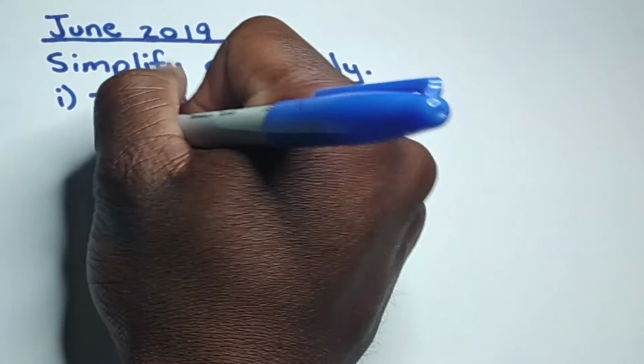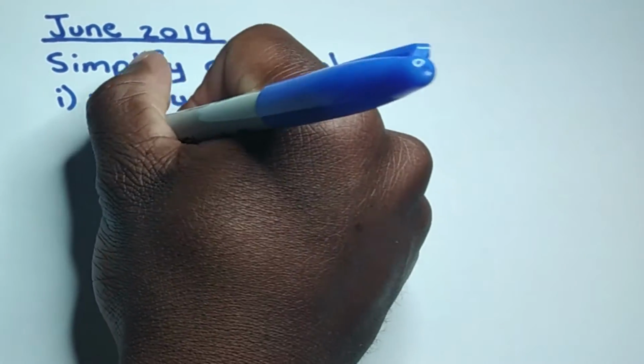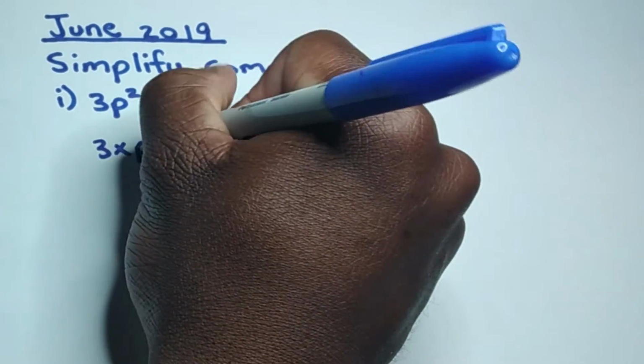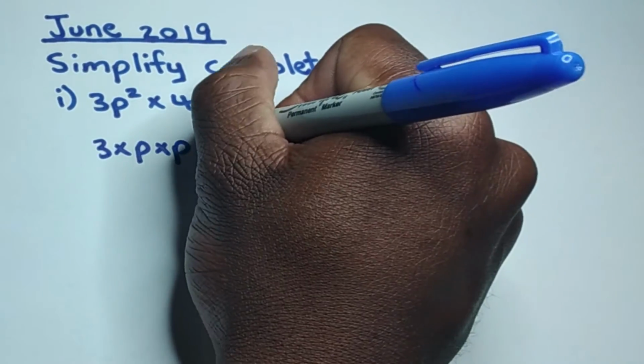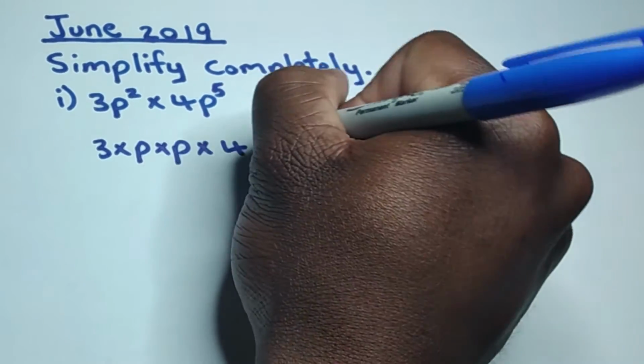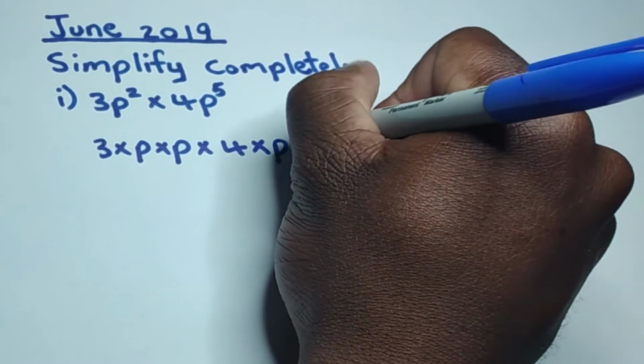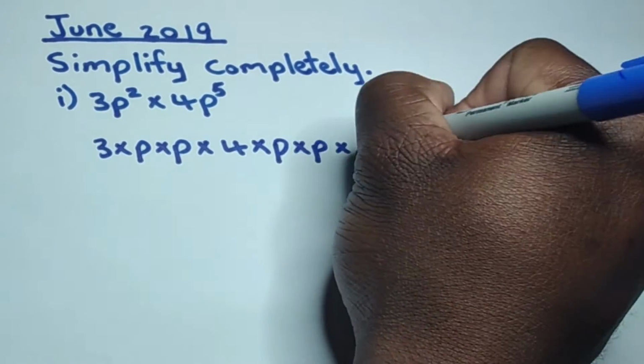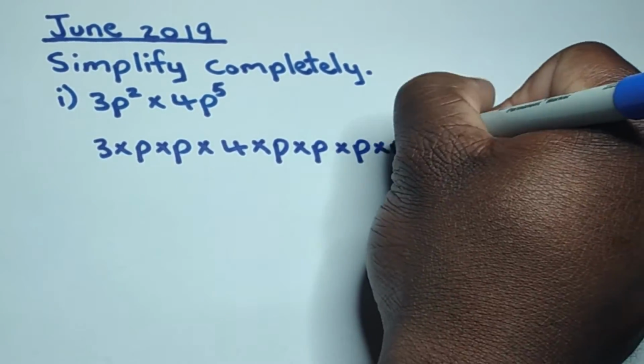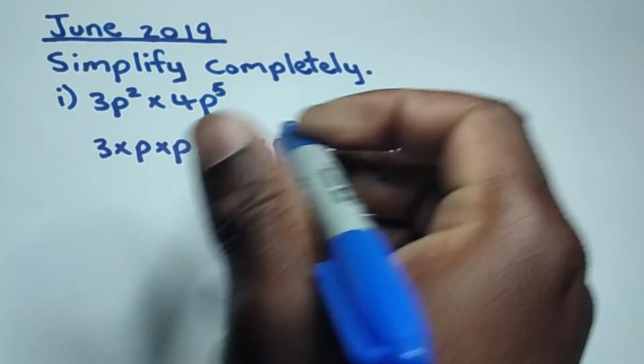So we can expand out these things first. So we can have 3 times p squared, same thing as p times p, alright, times 4, and p to the power of 5 simply means that we'll multiply p by itself 5 times. So we can do that.